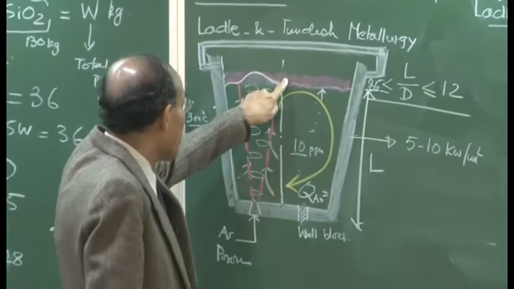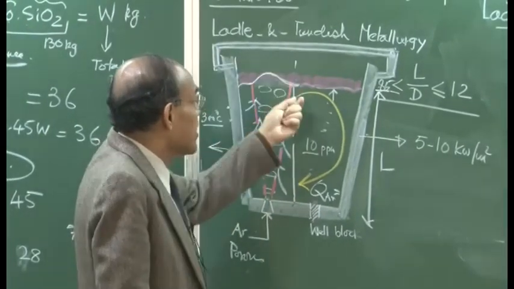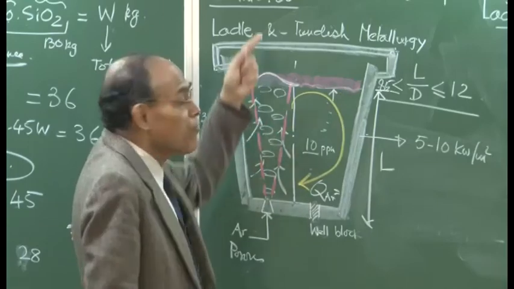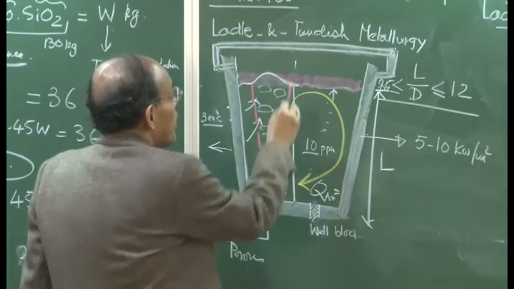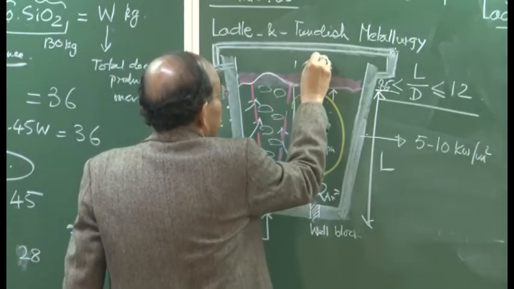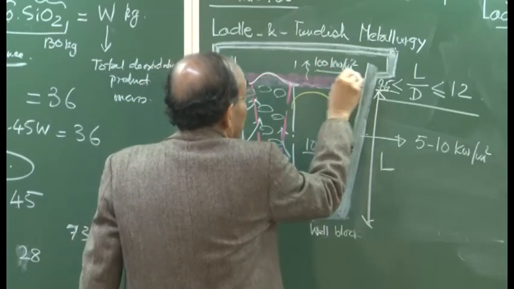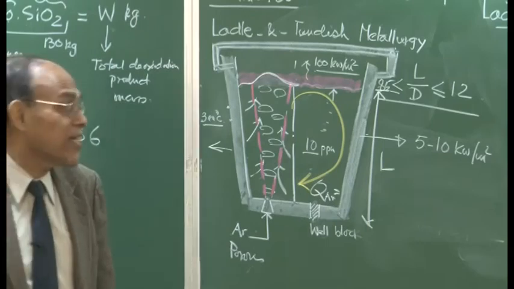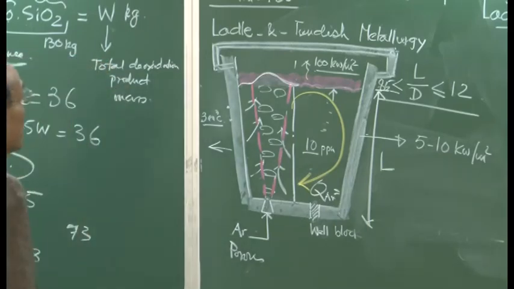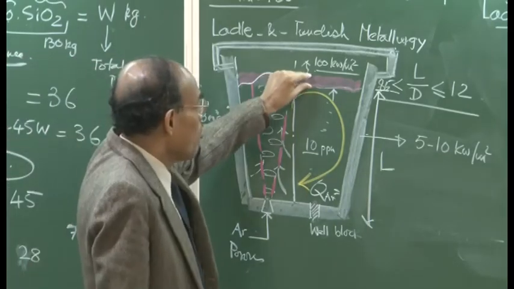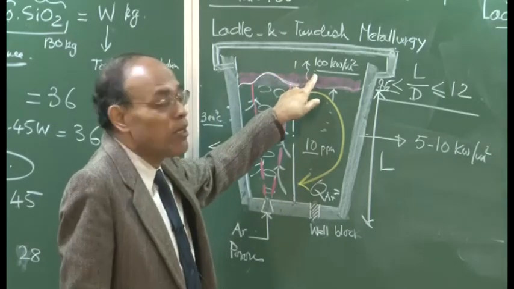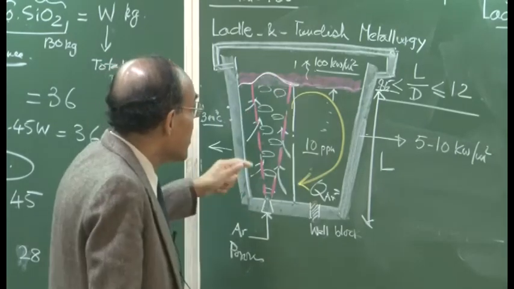If you do not have slag, if you do not have cover, the melt is exposed to the environment, and the rate of heat loss could be as high as 100 kilowatt per meter square. In a physically uncovered ladle, with negligible slag covering, a significant amount of heat loss can take place.